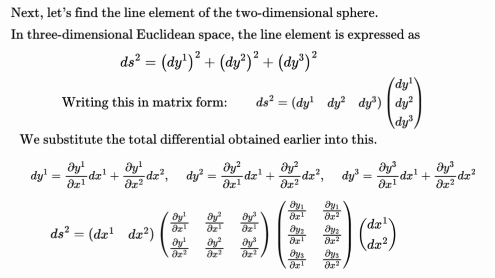Next, let's find the line element of the two-dimensional sphere. In three-dimensional Euclidean space, the line element is expressed as. Writing this in matrix form. We substitute the total differential obtained earlier into this.